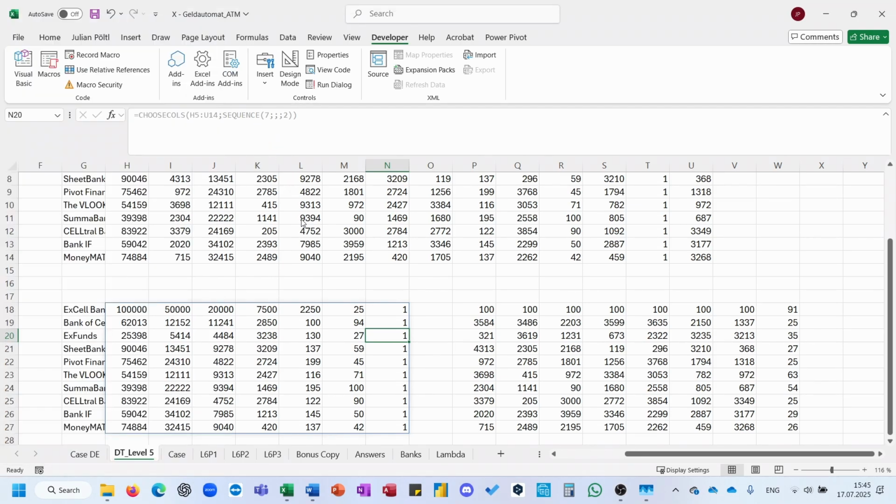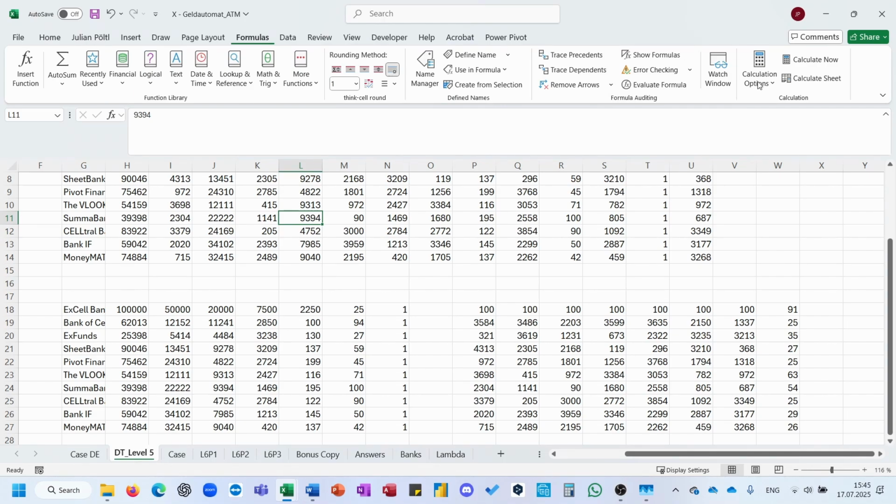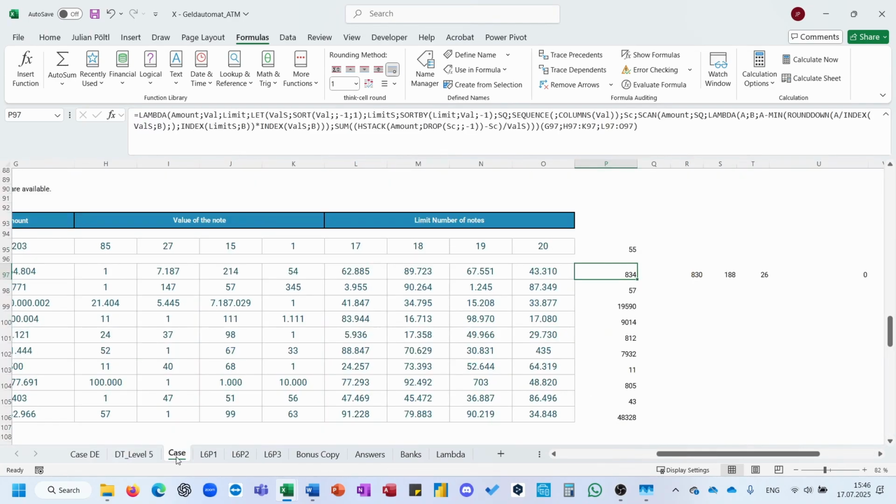Okay. Calculation options. Okay, back to the case. Okay, here I have the value. Ah, no, these are the values.